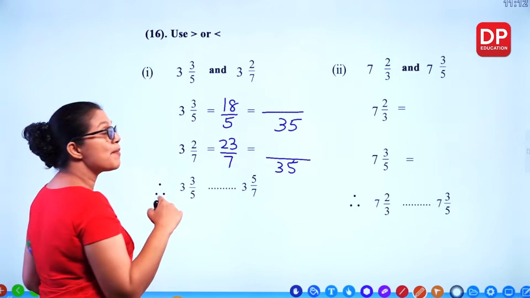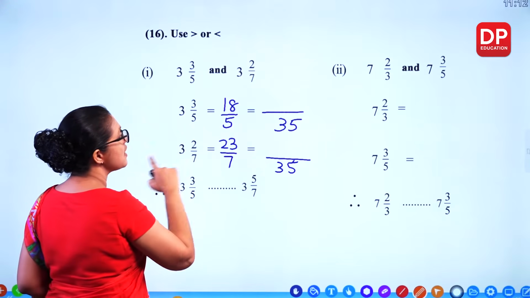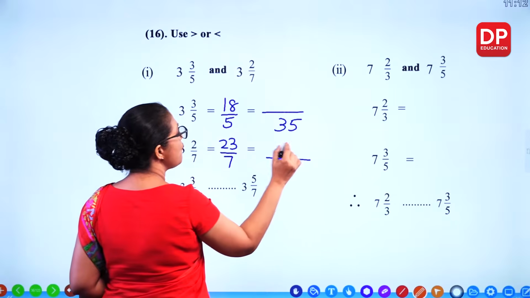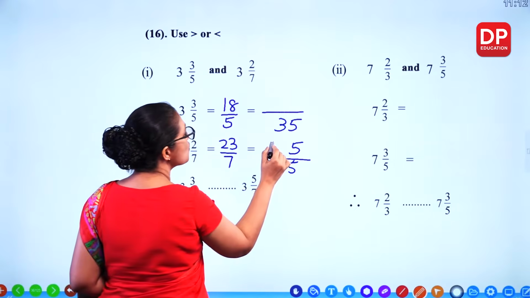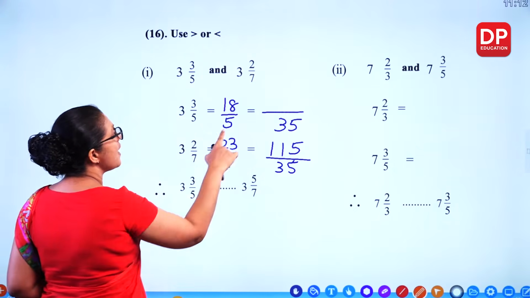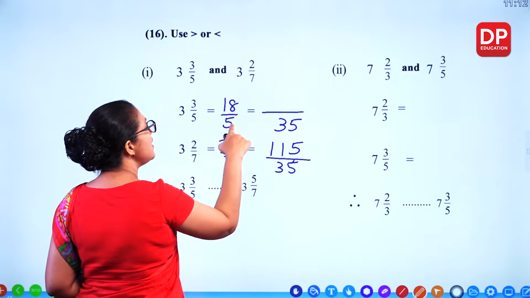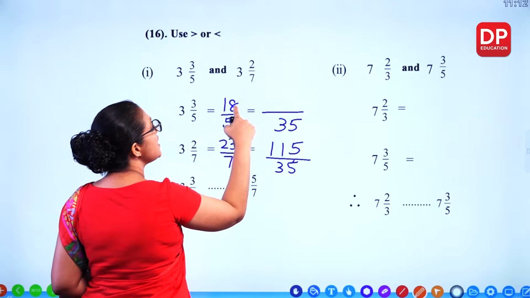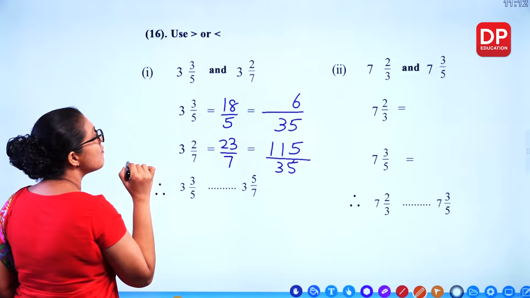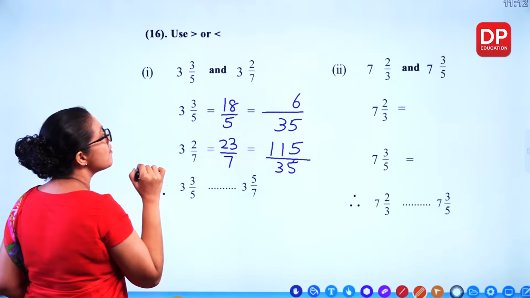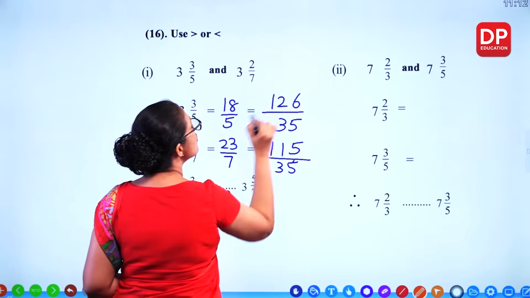So 7 times 5, so multiply 23 times 5. 5 times 3, 15. 1 remaining. 5 times 2, 10. 10 plus 1, 11. And multiply this by 7. 7 times 8, 56. 5 remaining. 7 times 1, 7 plus 5, 12.